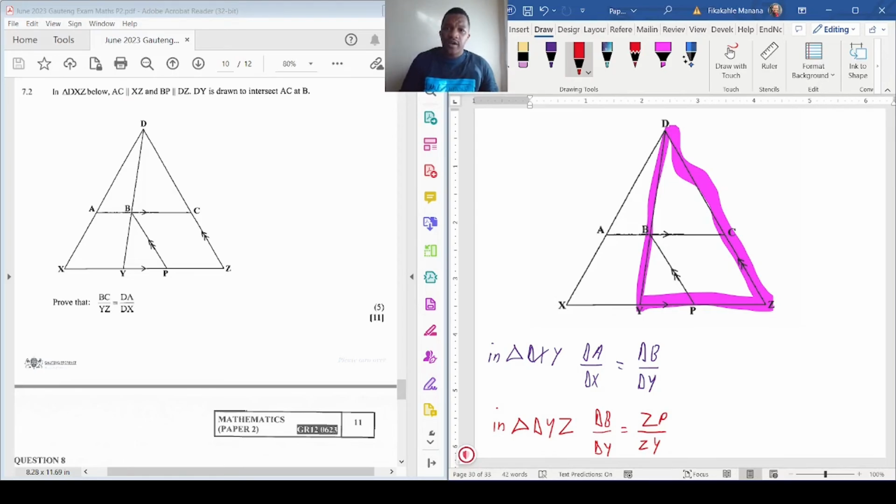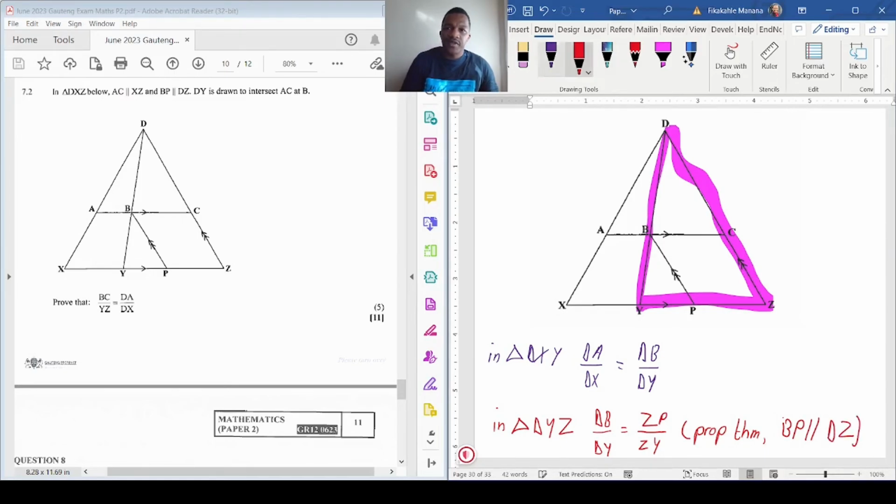Okay, now I forgot to put the reasoning. The reasoning for this is the proportional theorem, yes, but you also need to name the parallel lines. The parallel lines for this proportional theorem is the top one, which is BP. Well, let me write it like they gave it to us. BP is parallel to DZ.